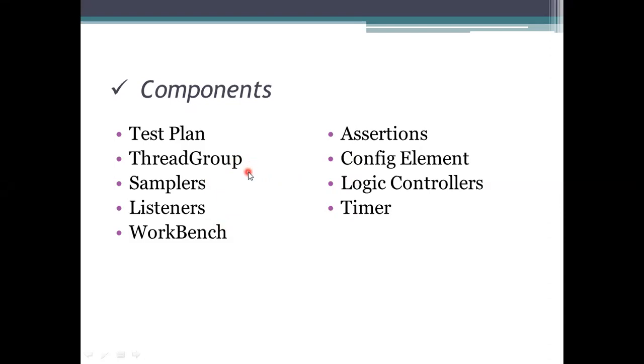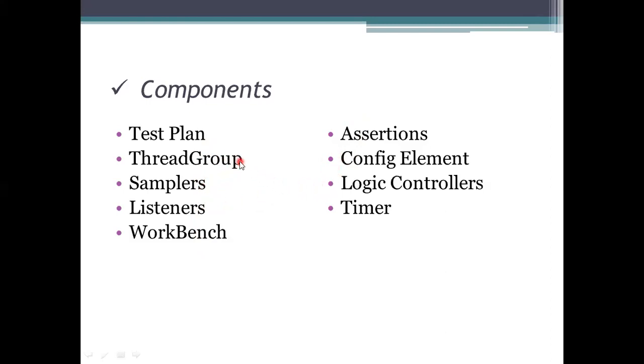Apart from samplers, listeners, workbench and assertions, the test plan must consist of a thread group. Why? We are executing our load for multiple users, and it uses the multi-threading framework. So we need to mention how many users should be there for processing, whether for the samplers, listeners or assertions.